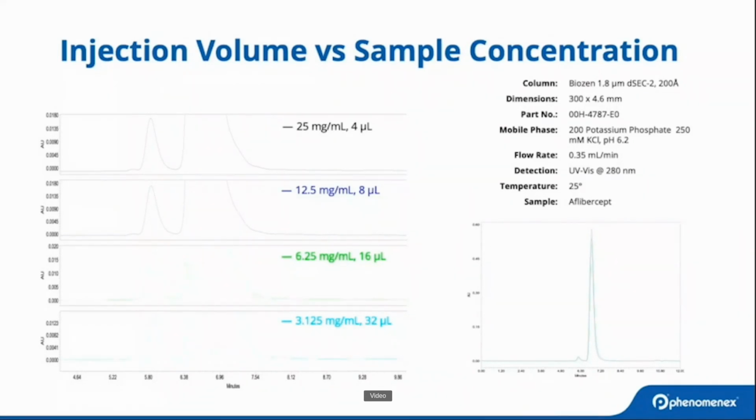And the overlay shows no differences in chromatographic performance. And this may seem inconsequential, but understanding the impact that injection volume and precision have, as well as the differences in concentration, all contribute to the robustness within your method, because all these things can contribute to the variability.